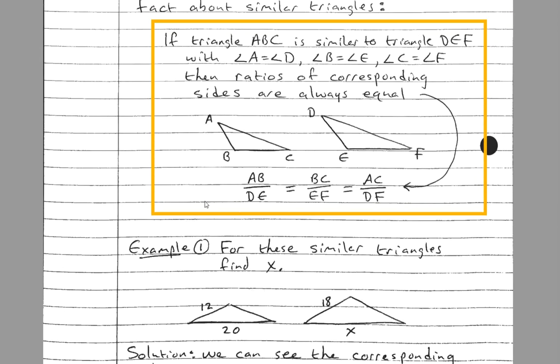All right, so I hope that made sense. So when you have two similar triangles, the idea is that the lengths of corresponding sides, the ratios of those lengths, always give you the same fraction, the same ratio.